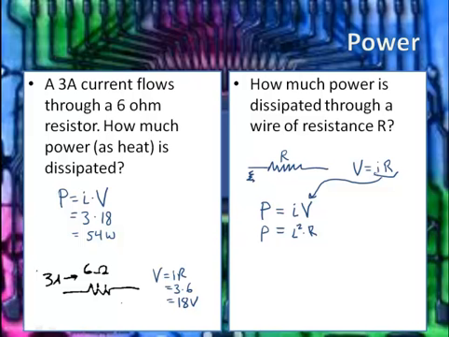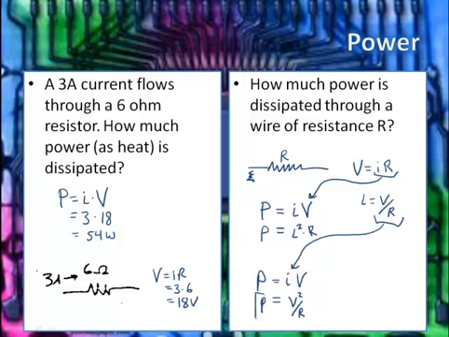Then I could take this equation and rewrite it: I is the same thing as V divided by R. And so if I took IV and replaced the I with V over R, I get V times V, a total of V squared divided by R. It's another formula for power.